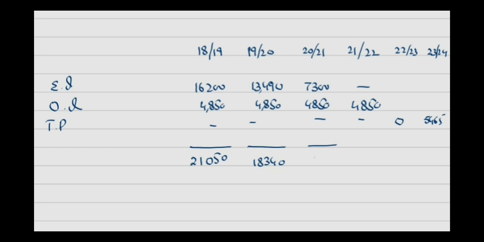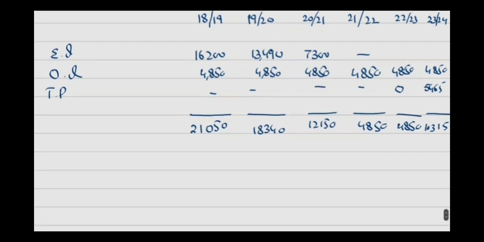This year it is 12,150, 4,850 and 5,465, right? But other income remains the same, it will be 4,850 in every year. So in these years it is also considered 4,850, and 10,350. So now we have two sets of loss.